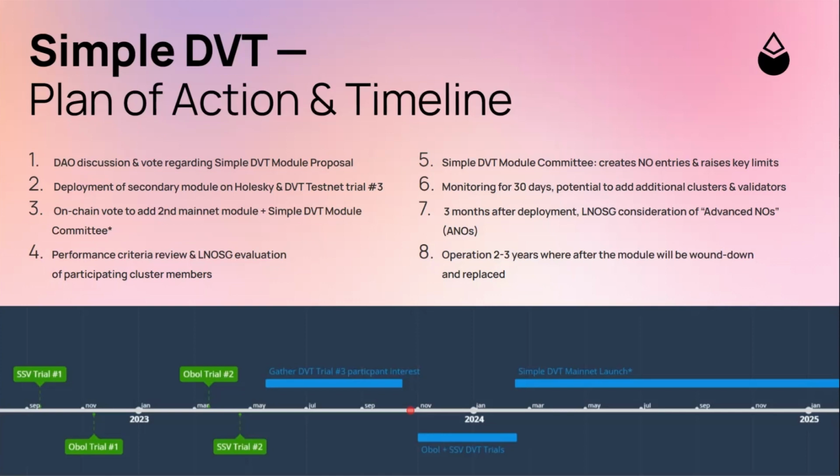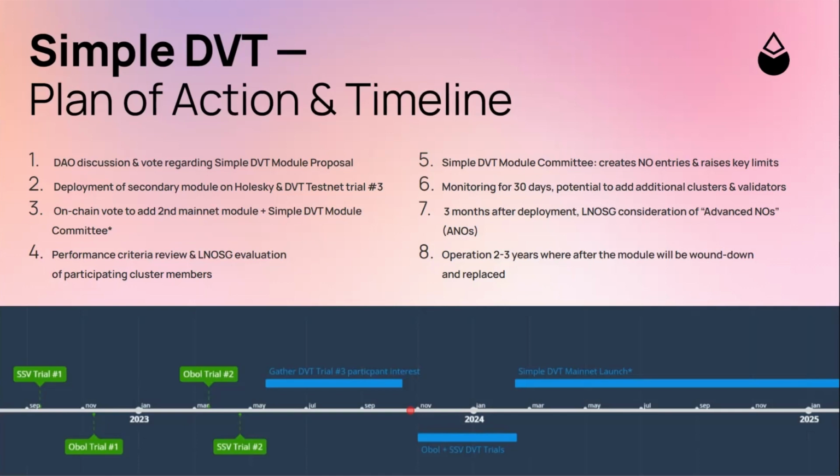If performance for these clusters, which would all have 5 validators likely to start, was at least in line with general mainnet performance of other validators, then there would be the potential to add additional clusters and validators, given that the module cap would be starting at 0.5% if approved.